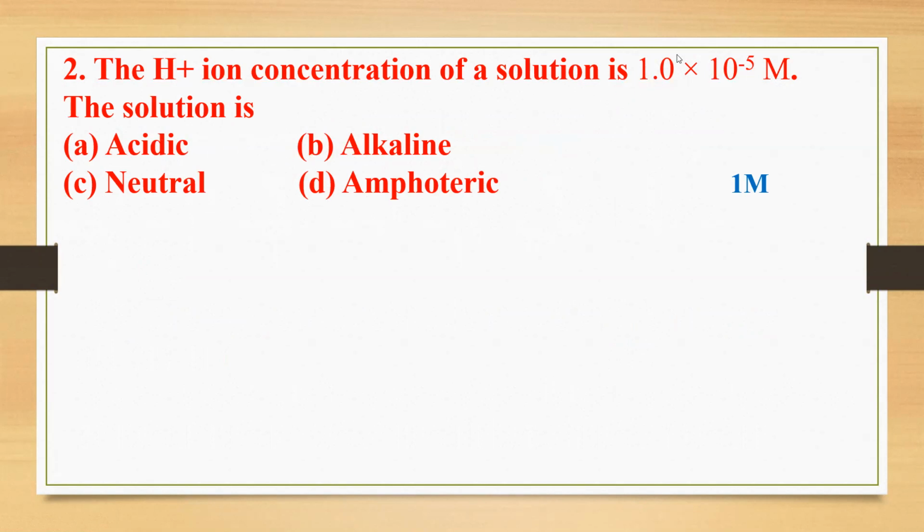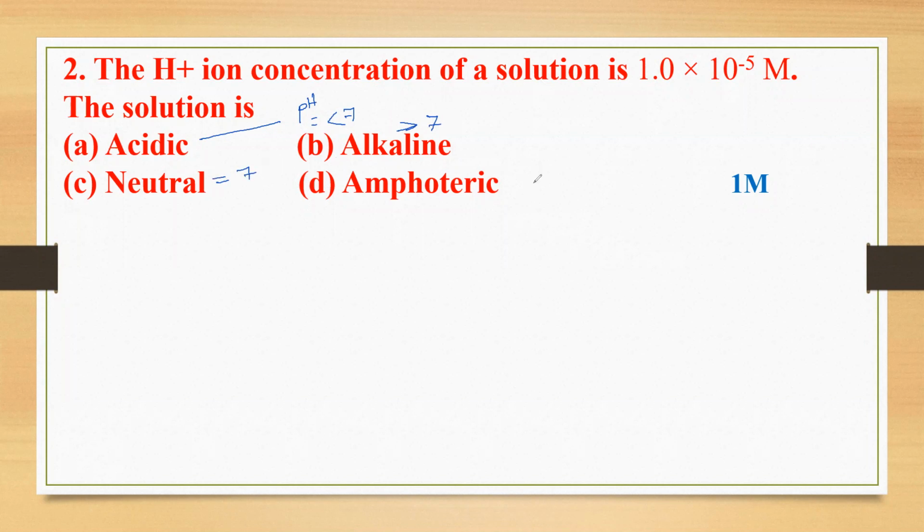If the pH is less than 7, it is acidic. If the pH is greater than 7, it is alkaline. If the pH is equal to 7, it will be neutral.